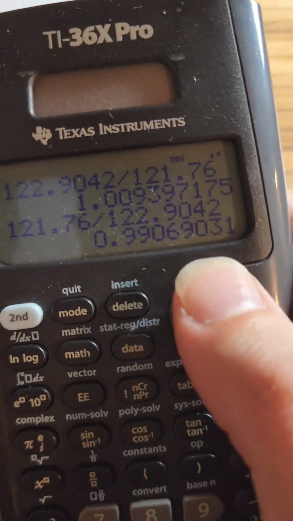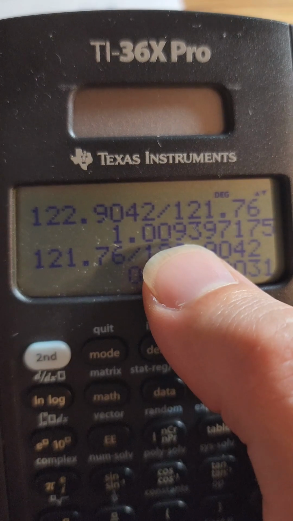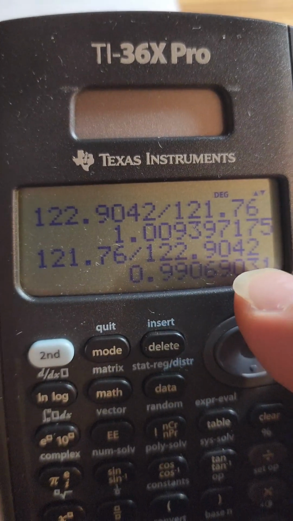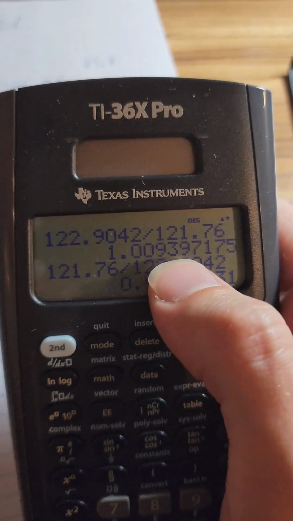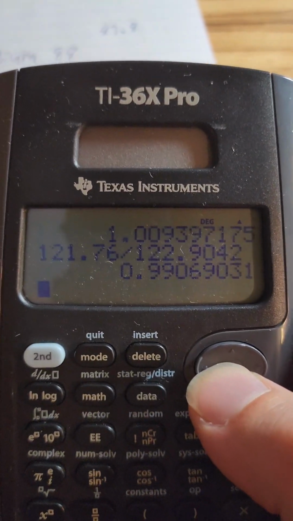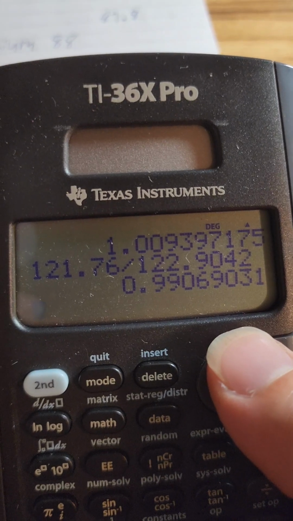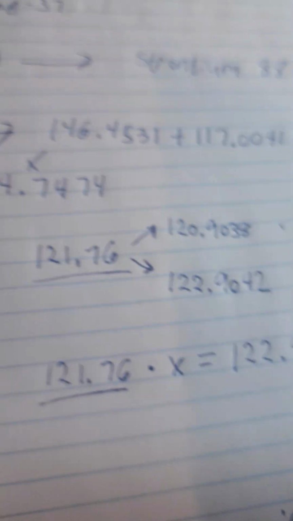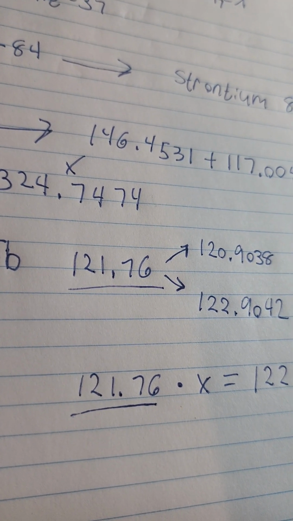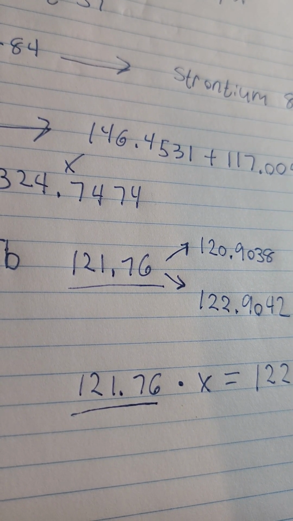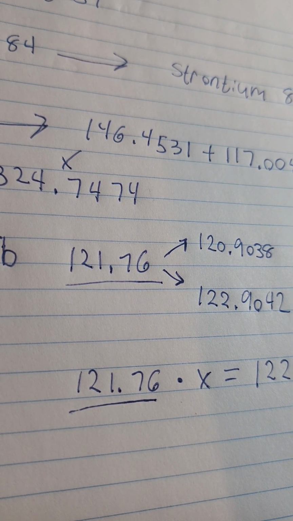So you either take this number, or you could take the first one I did and do 1 minus this, or this minus 1, sorry. But what this is saying is that since our number is way closer to, what's it way closer to? 121.76.